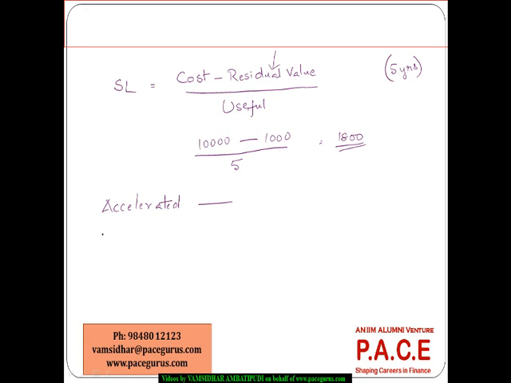A special form of this accelerated method is the declining balance method. This is a slightly different way of allocating the depreciation. I'll use the declining balance. Sometimes we call it 1.5 DDB, 1.5 declining balance method, or double declining balance method, or triple declining balance method, any of these.